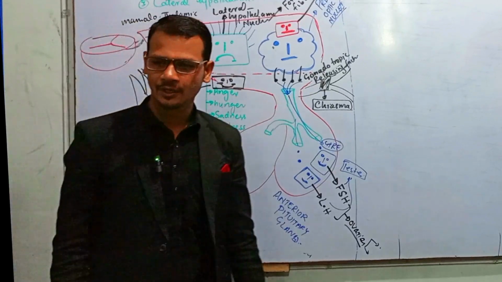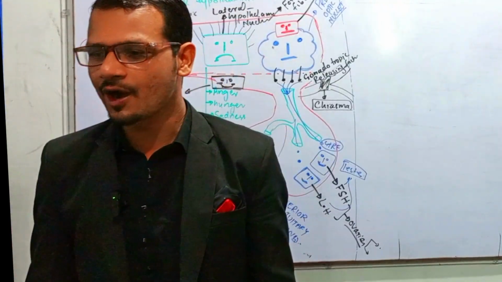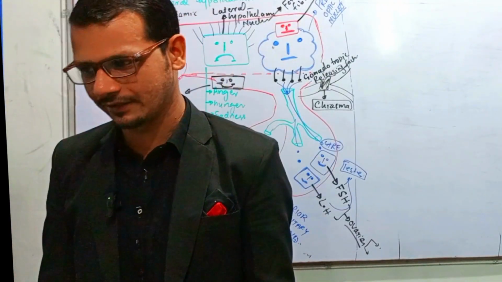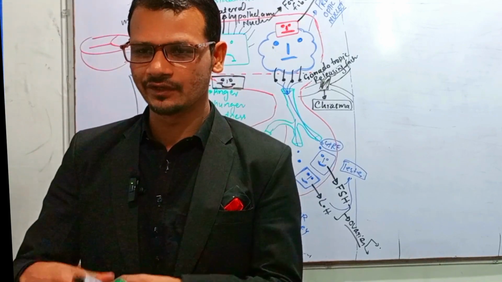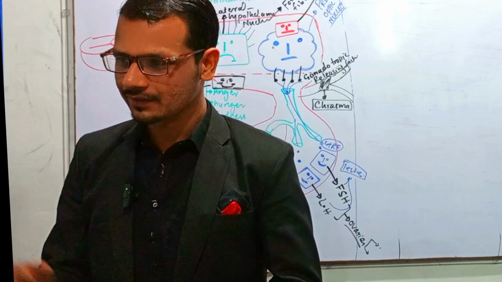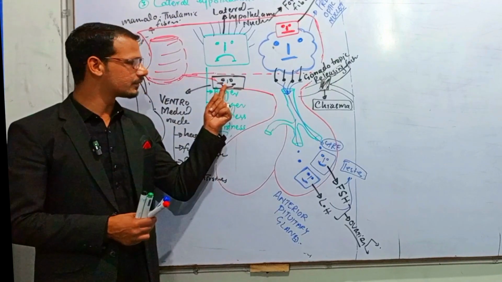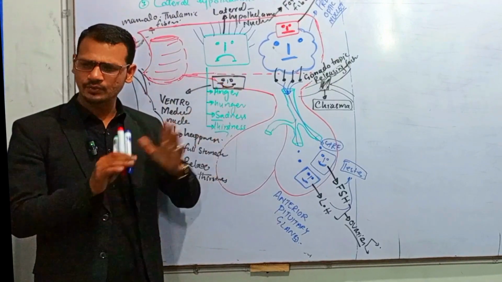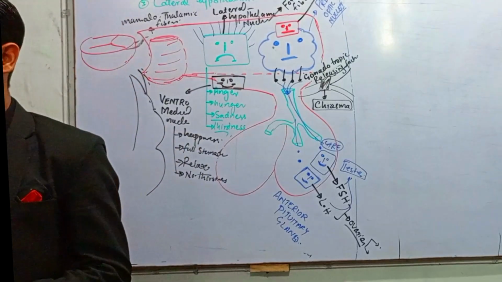And this is the nucleus which gives us the awareness of how much food we will eat. When you are eating, it is not necessary that you will eat the whole, for example, rice, right? When this nucleus is activated, you will stop eating and you will feel full, right?